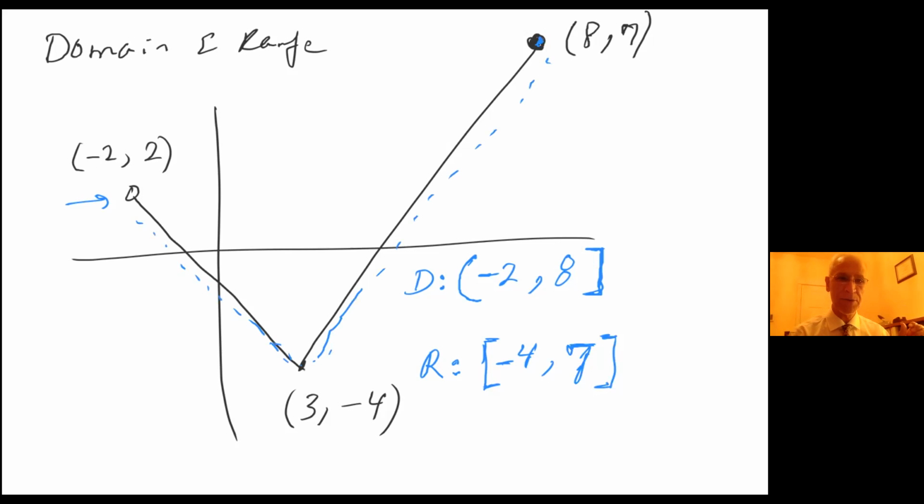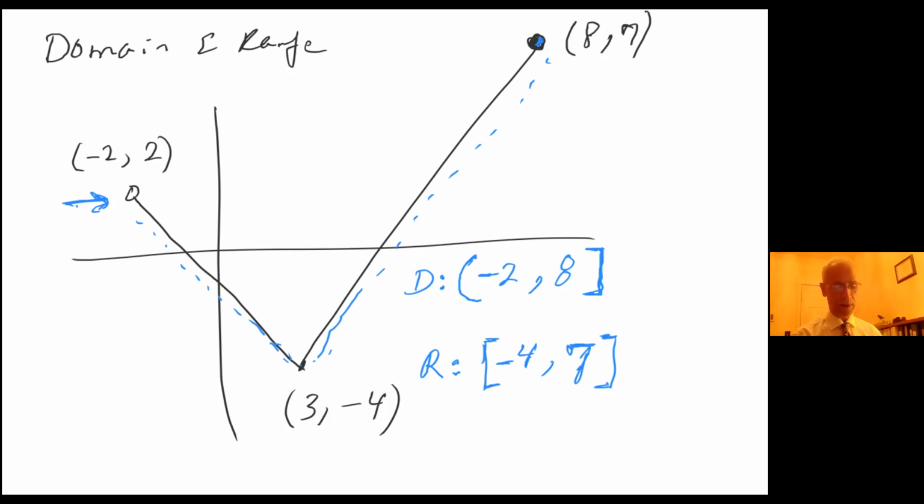It can get really close to -2, but it cannot touch -2 because -2 is not part of the domain. There's a hole in there. Go all the way to the right, all the way to 8, and 8 is included, so I'm using a bracket. And the lowest height this particle can have is -4, and the highest height that this particle can have is +7.